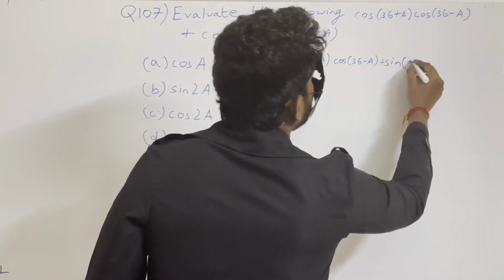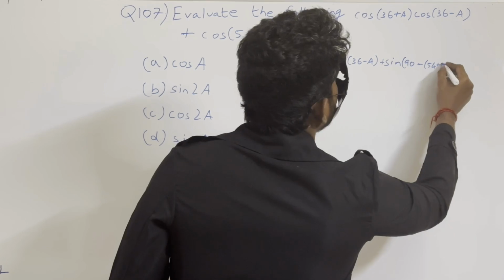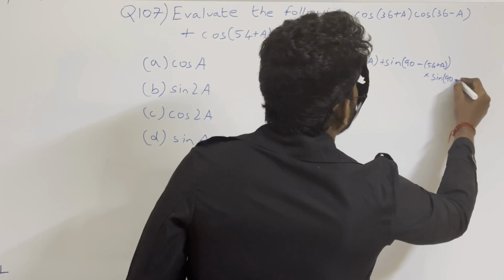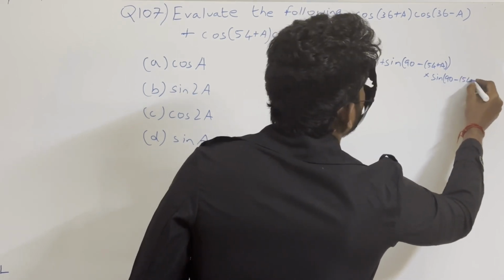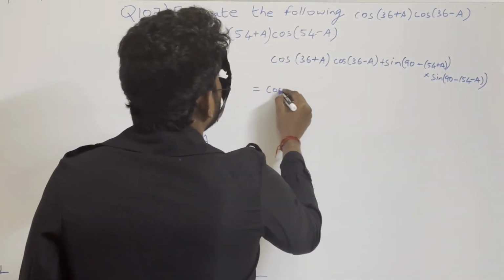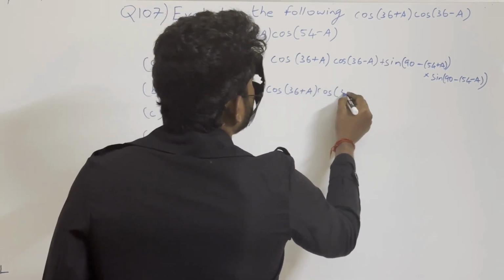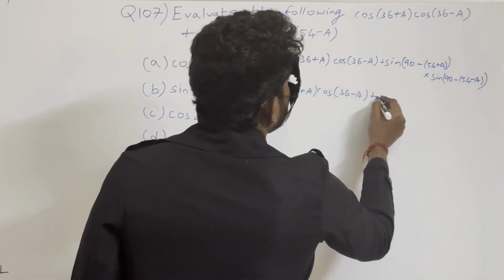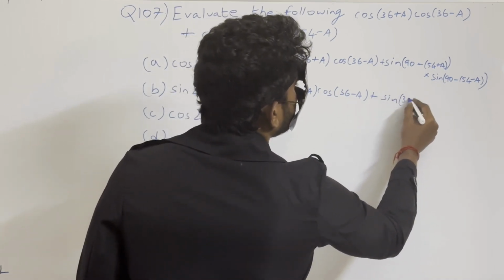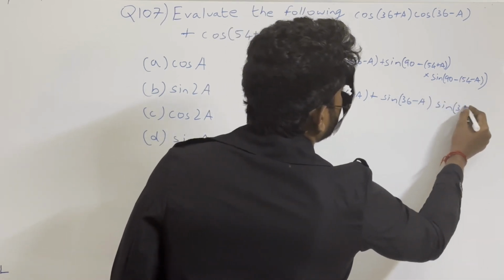So this I will write as sin(90 minus 54 plus a) into sin(90 minus 54 minus a). This is nothing but equal to cos(36 plus a) into cos(36 minus a) plus, 90 minus 54 is 36, sin(36 minus a) into sin(36 plus a).